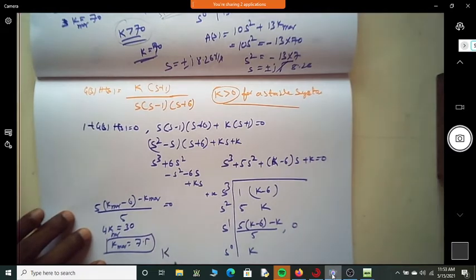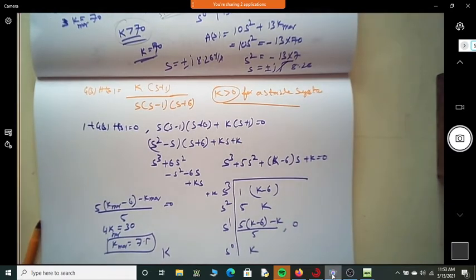For what values of K is the system stable? If it is greater than 7.5, it will be negative, no? K has to be greater than 7.5 for the system to be stable.